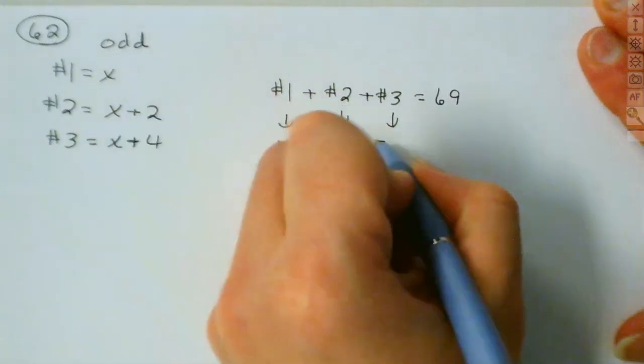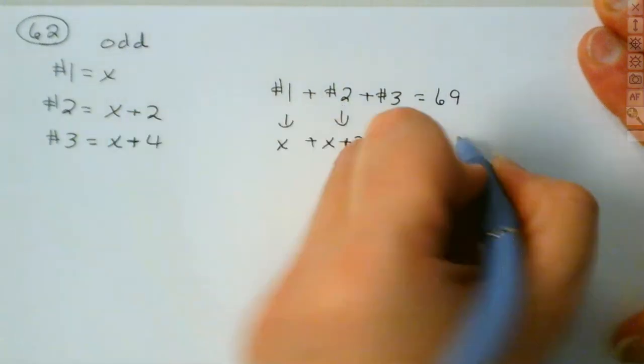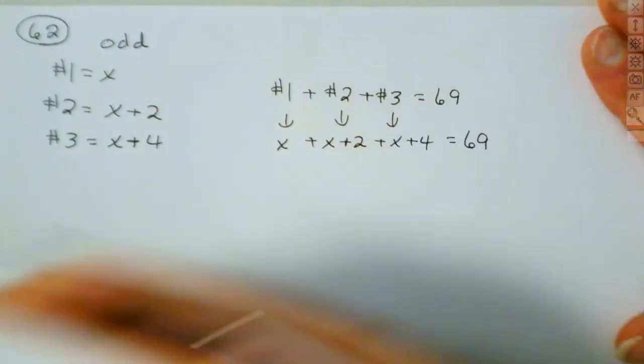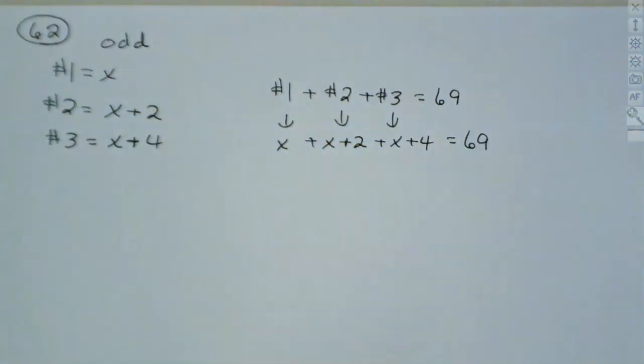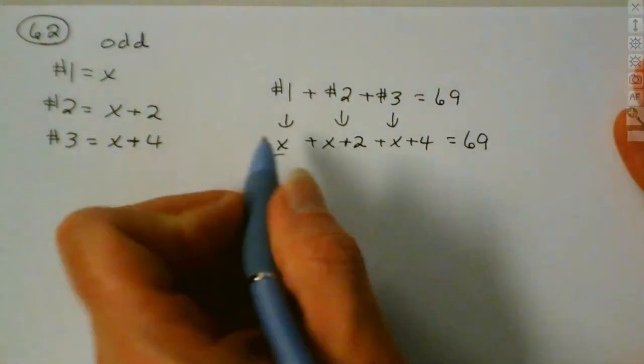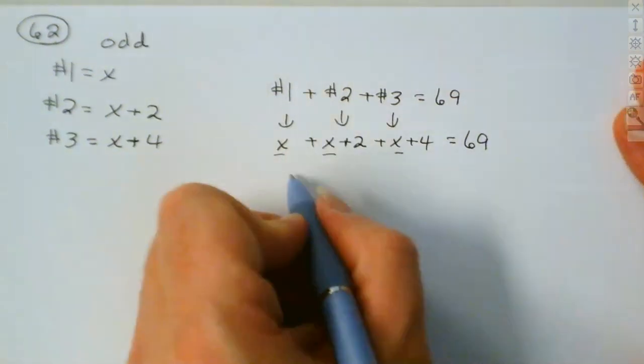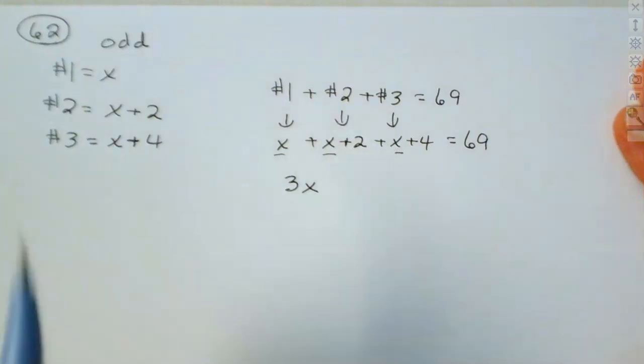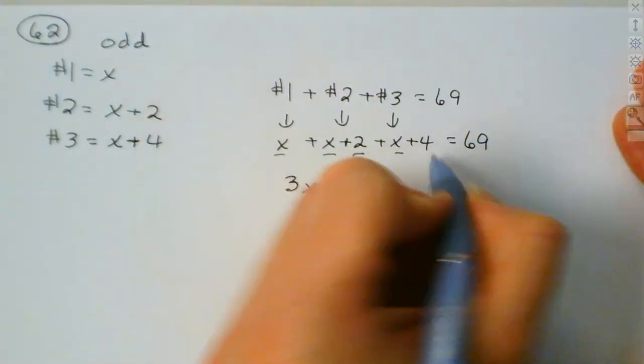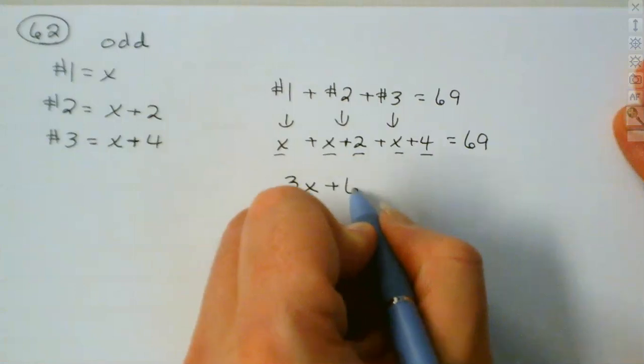Third number is x plus 4. And what does that now give you? That gives you 69. Now we can solve it. So on the left-hand side, combine like terms. That gives you 3x. And number-wise, 2 and 4 makes it 6.